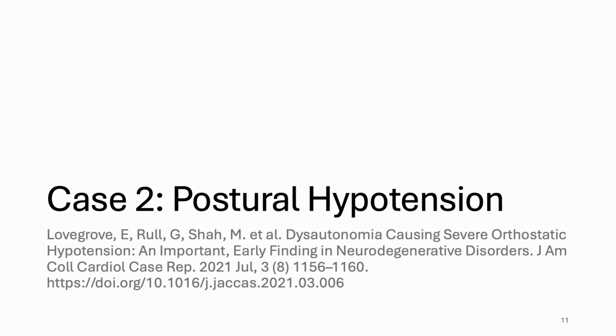Now we look at case 2, postural hypotension. This is a case published by Lovegrove in the Journal of the American College of Cardiology, a case report on dysautonomia causing severe orthostatic hypotension, an important early finding in neurodegenerative disorders.